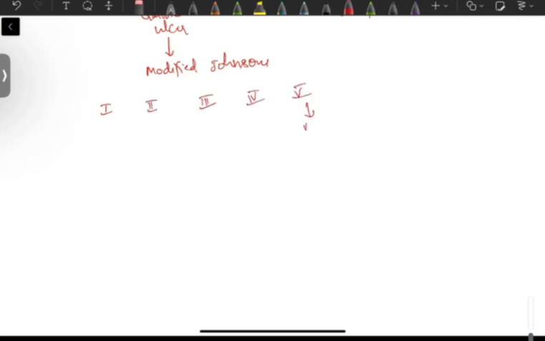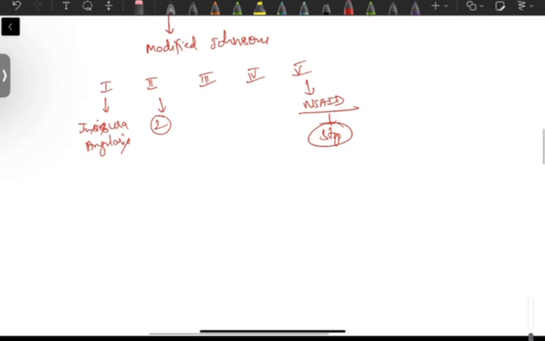Type 5 is NSAID induced ulcer, and for that we all know, just stop NSAIDs and the ulcer will cure. Type 1 is present in incisura angularis, that is the most common notch along the lesser curvature. And in type 2 there are 2 ulcers, one in the antrum and one in the pylorus region.